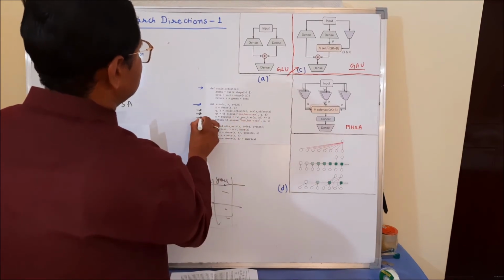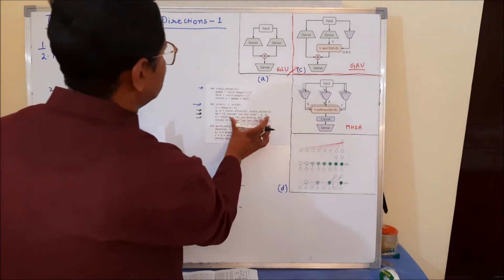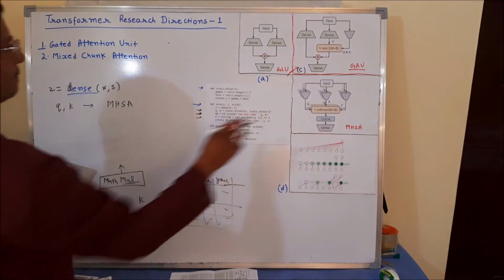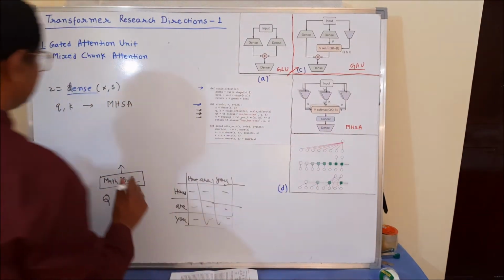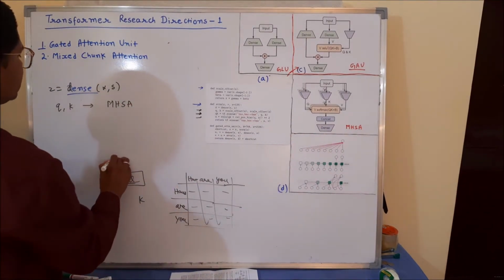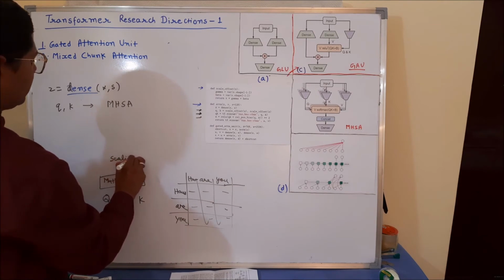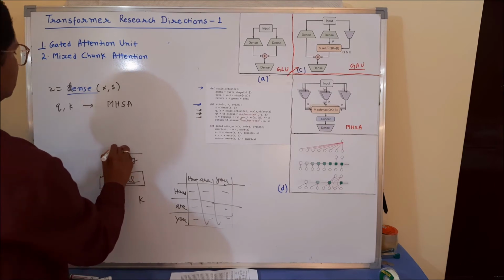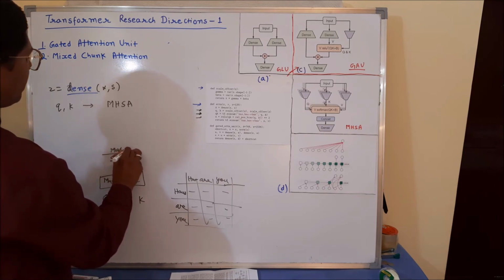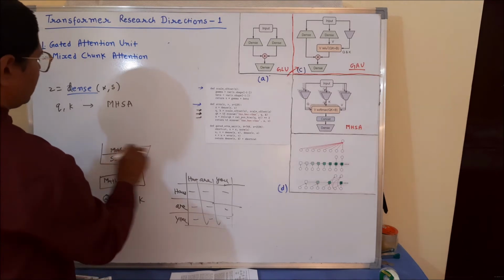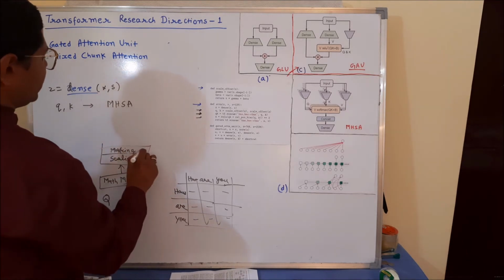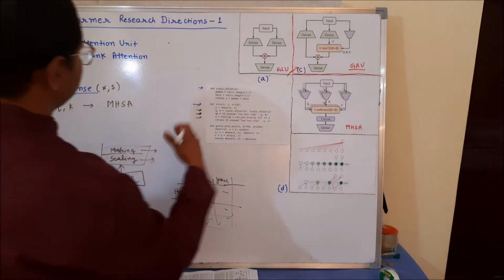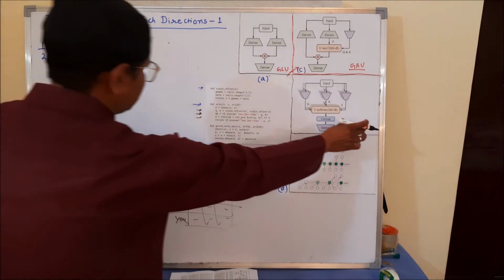here you can see that it uses the ReLU square. In the traditional multi-head self-attention, they apply scaling and then masking. Scaling is to avoid overfitting, and masking generally they use with the decoder in the multi-head self-attention architecture.